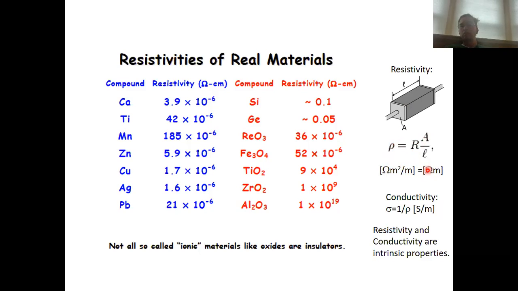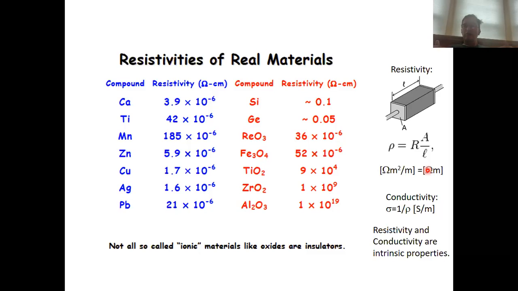And of course, I could also use a different dimensionality and say I can measure resistivity in ohms times centimeters to have more handy units if that suits me well.